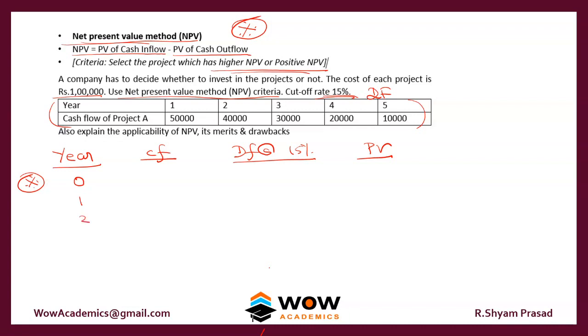Then you take however many years the problem gives you. Now we will take the cash flow. For the 0th year, we have 1 lakh, but this 1 lakh is the purchase of machinery. So it has to be minus 1 lakh. Okay, it's a cash outflow. From there on, everything is a positive number because they are cash inflows.